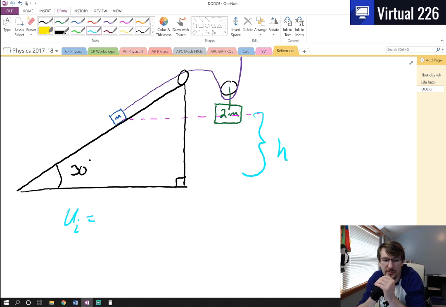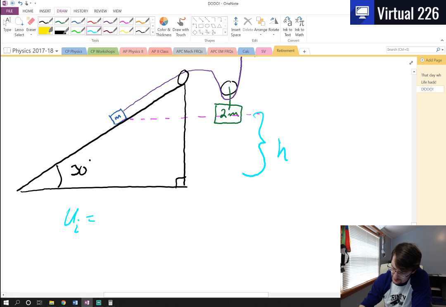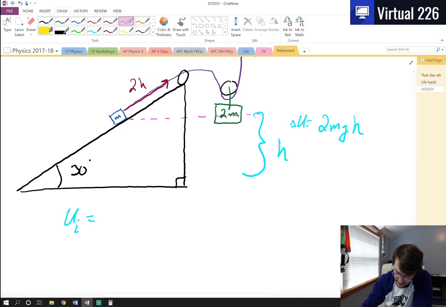No, you want the sine of it. Dodo's right. When this falls, it's going to be 2mgh. That's what its change is here. This, when it goes up, is going to move up this way, 2h. And you want the sine component of that.